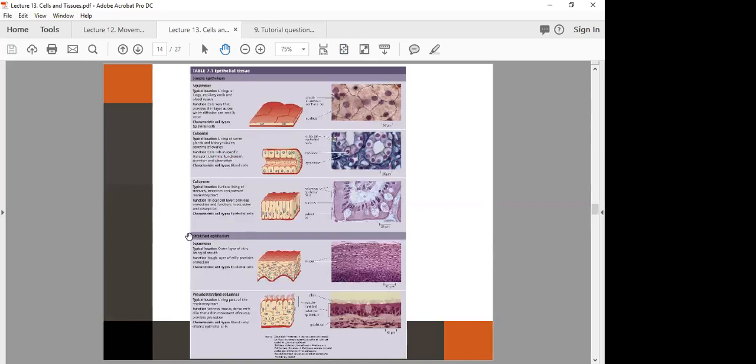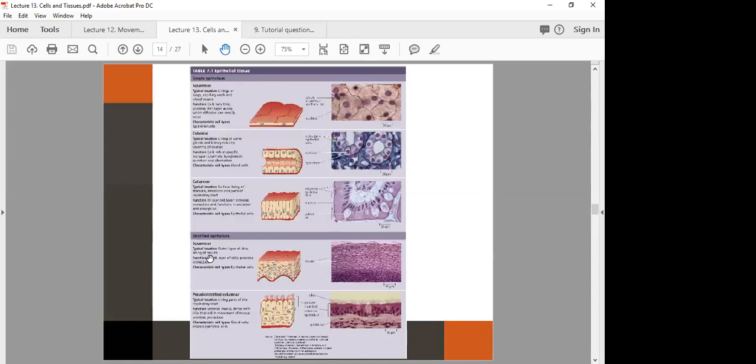All right, our next group here, the stratified epithelial cells. So stratified, remember, multiple cell layers. Here we have squamous stratified epithelial cells. Some of you might have seen two or more of these cells when you prepared cells from the inside of your cheek.